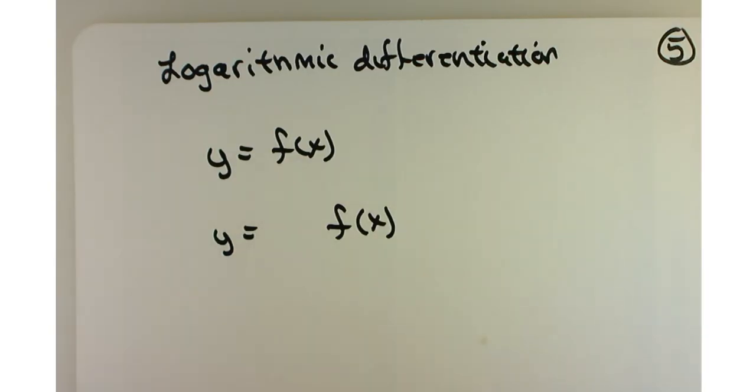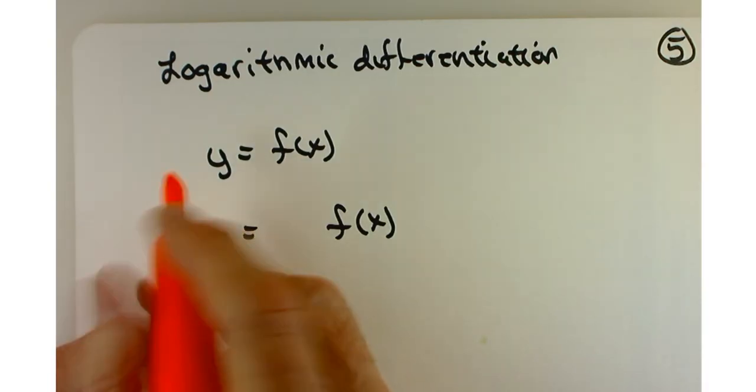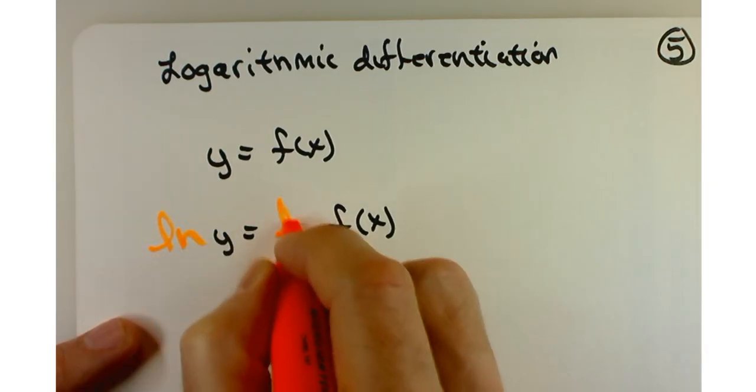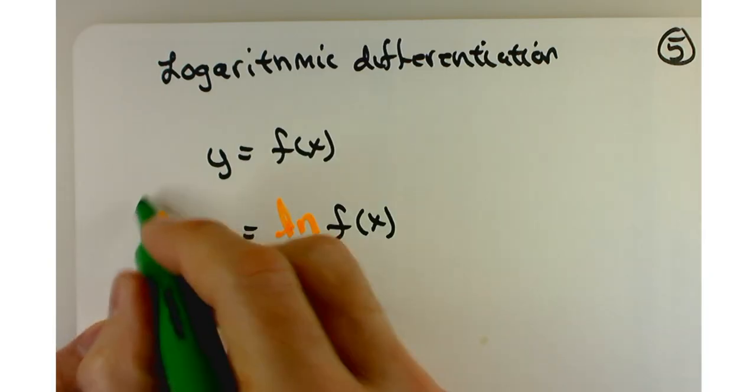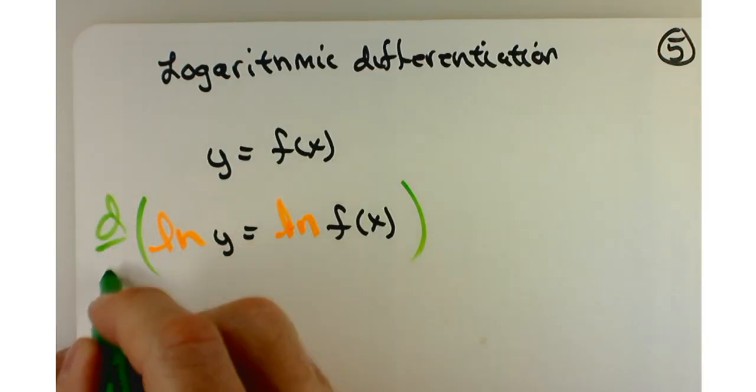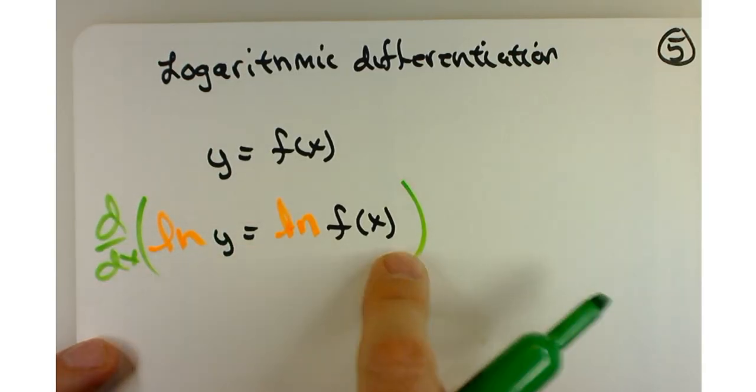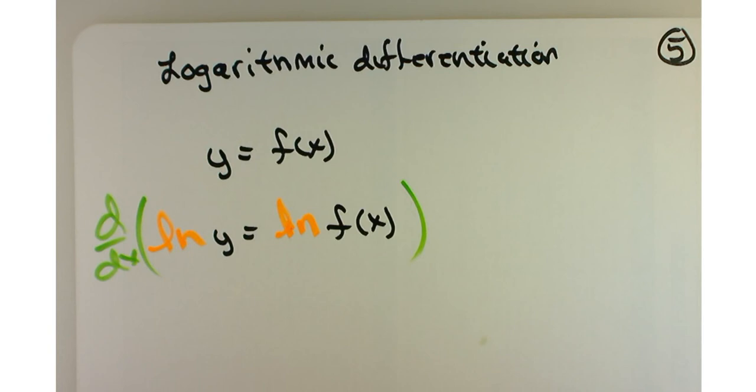So we'll do ln on both sides. And then I'm going to apply my derivative. I'm going to take the derivative of both sides. So d by dx says I'm going to take the derivative of both of these. We're fresh off our work in section 3.5 where we're working with implicit differentiation.